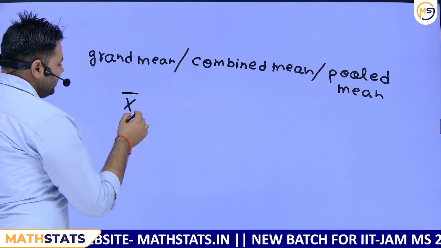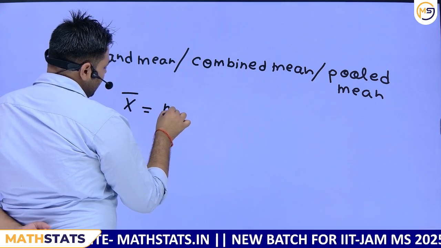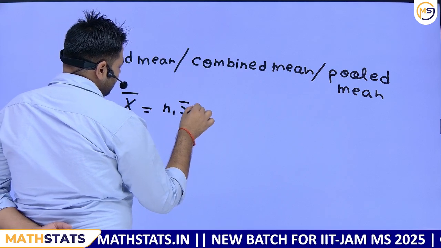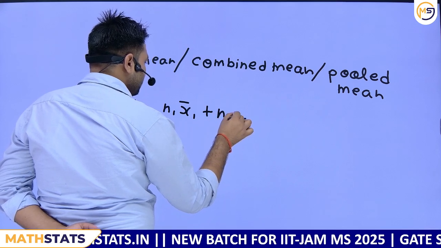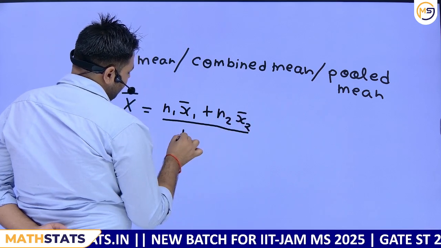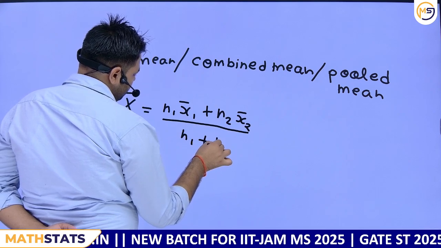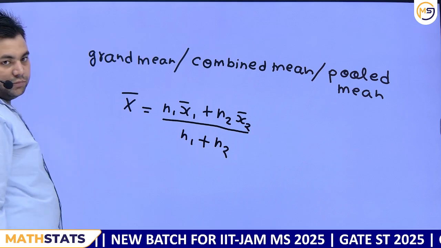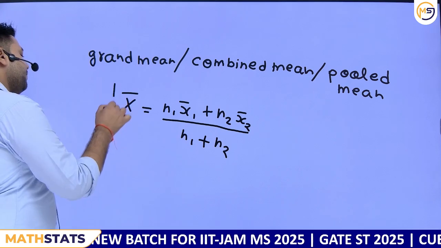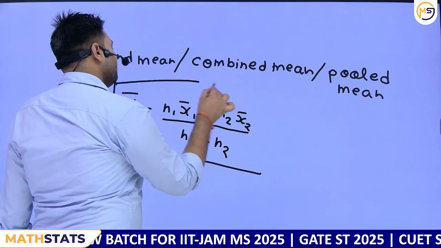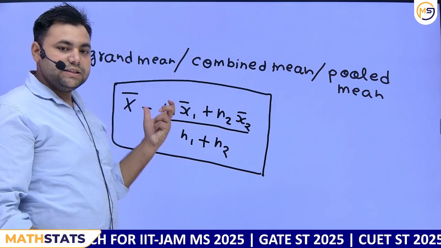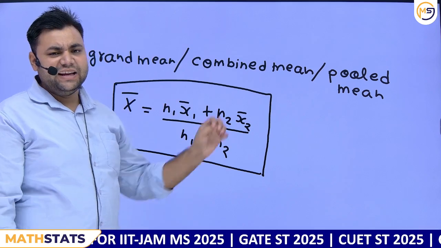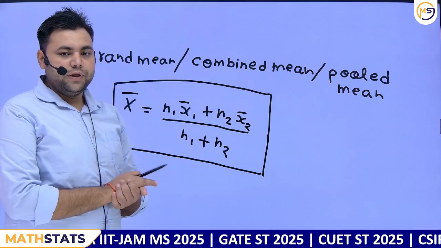So this is equal to n1 x1 bar plus n2 x2 bar divided by n1 plus n2. You can prove this, okay? If anyone wants to prove this, you can prove this at home. Otherwise, you can see this is available in SC Gupta, BK Kapoor, or any standard book, Das Gupta, Gun Gupta, okay?